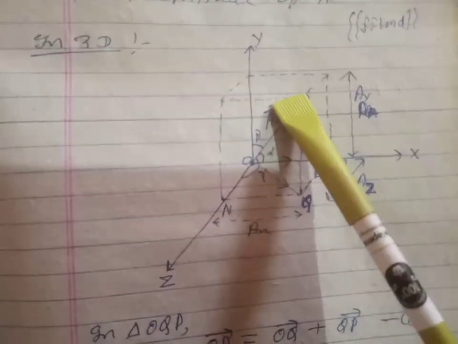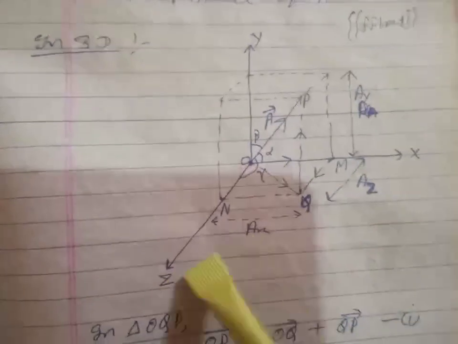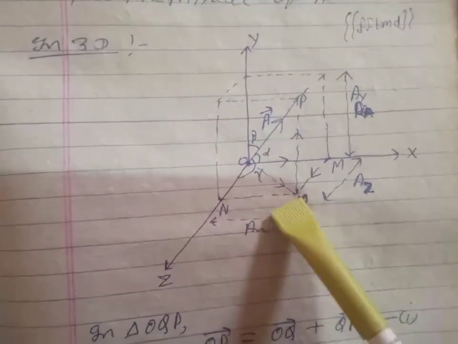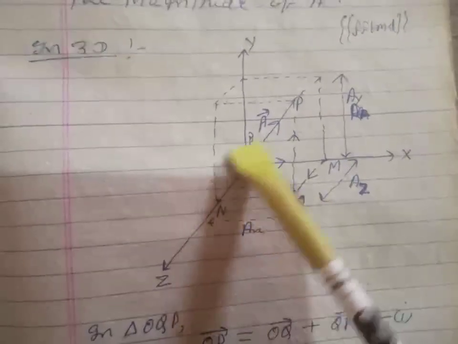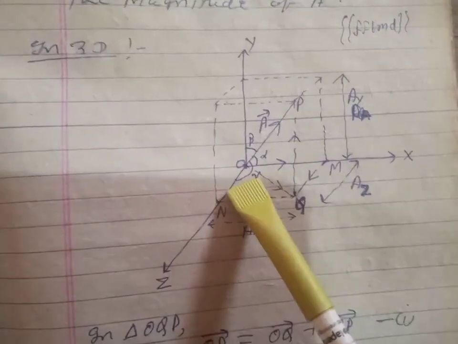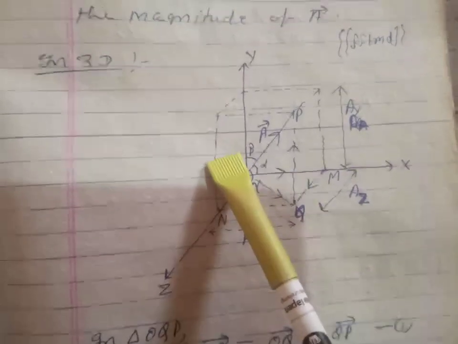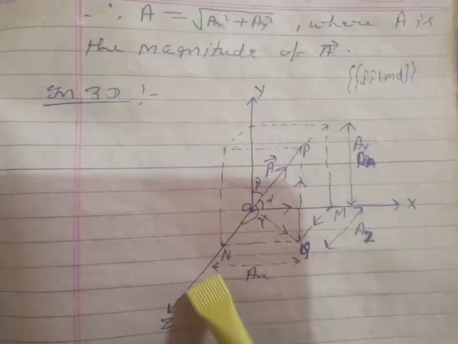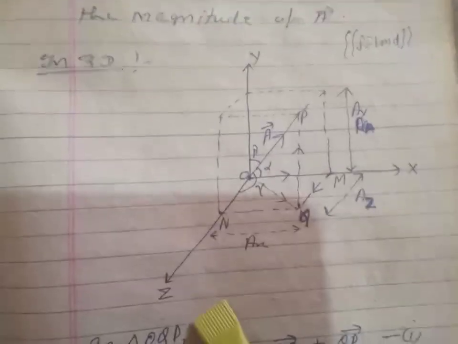If we draw a perpendicular from P to the xz plane, then we get a perpendicular at point Q. Consider that vector OP makes angle alpha with the x-axis, beta with the y-axis, and gamma with the z-axis.